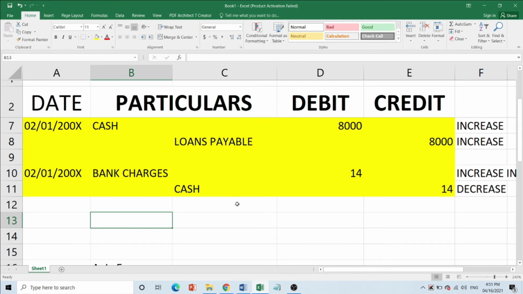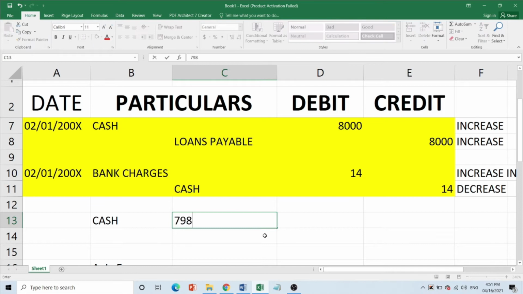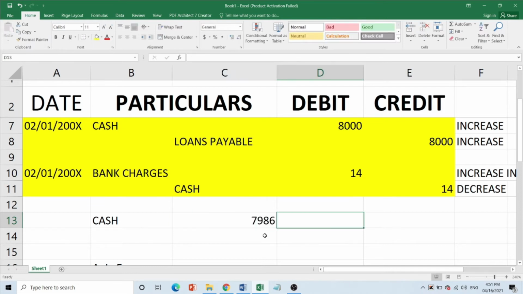Okay. Debit Cash. Ilang amount ang i-debit natin sa cash? Is it 8,000? Still 8,000? No. Hindi na siya magiging 8,000. Less po natin yung 14 pesos. That must be 7,986. Ano pang ibang account? Bank charges. Since it is an expense, nalagay natin si bank charges dito.